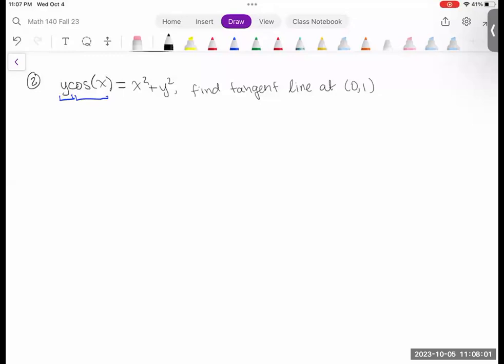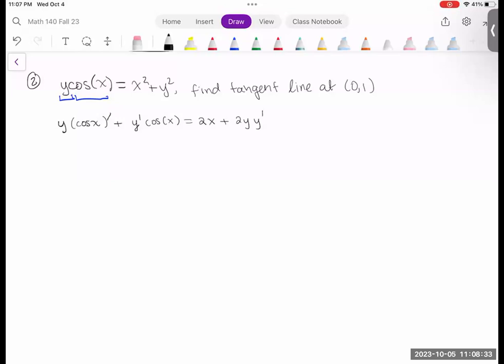On the left-hand side, we have y times the derivative of cosine x plus the derivative of y times cosine x. And this is going to be equal to, we're going to differentiate x squared, and we get 2x. And we're going to differentiate y squared, and we'll get 2y times its derivative y prime.